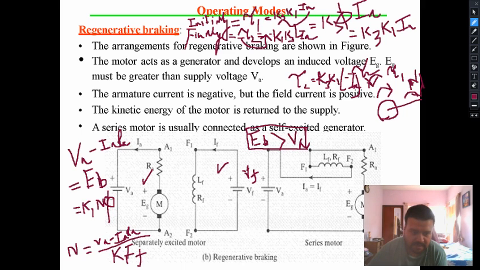So if your EB is greater than VA, this equation will change.